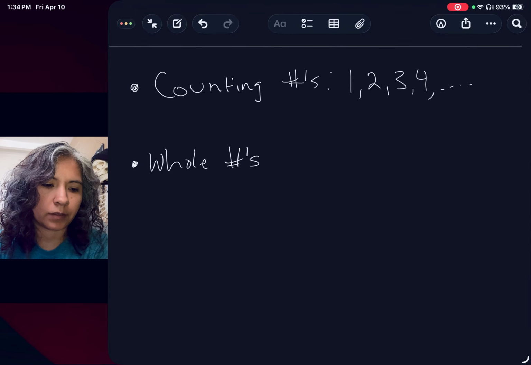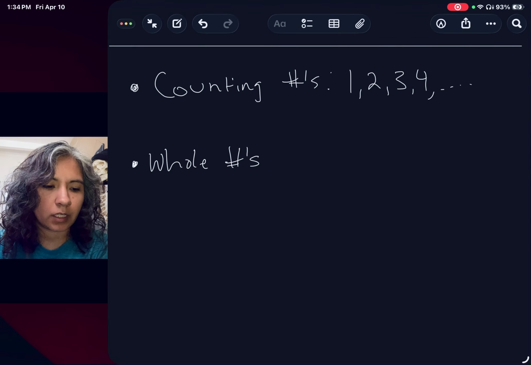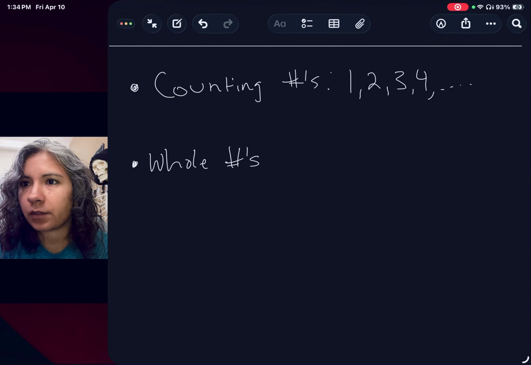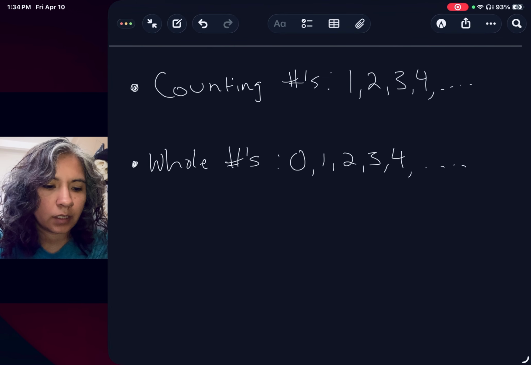Whole numbers are counting numbers, but with the number 0, too. So whole numbers are 0, 1, 2, 3, 4, and so on, right?